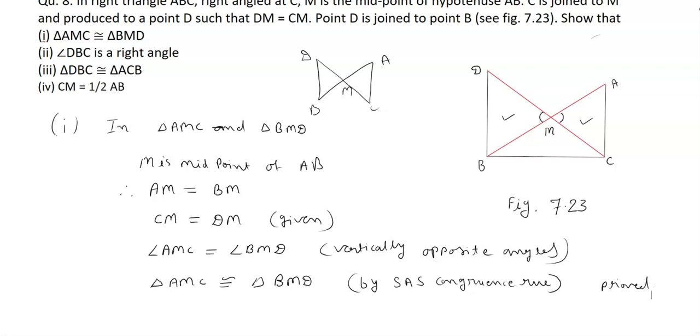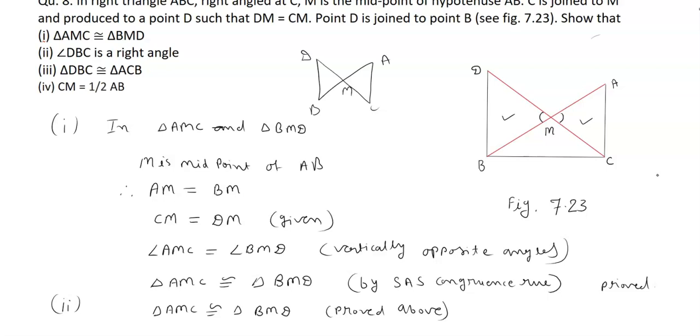Now the second: what is given in the second? Angle DBC is a right angle. Here we have already proved triangle AMC congruent to triangle BMD. To prove the second question, we use this congruence proved above.